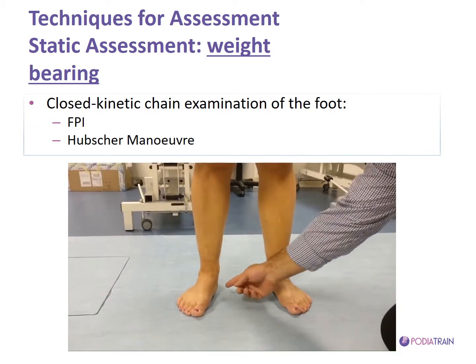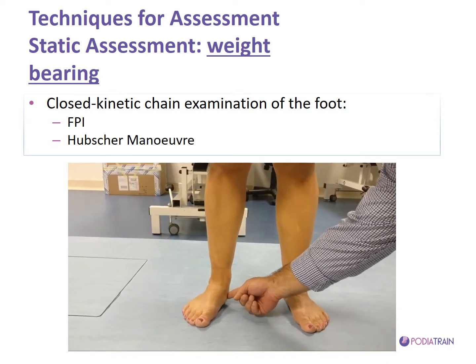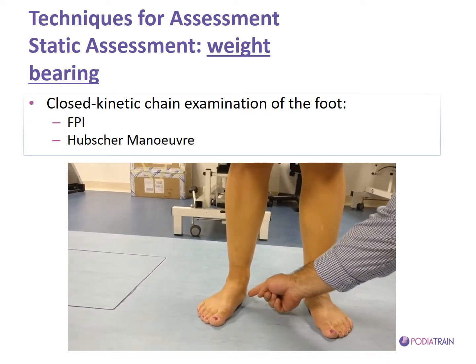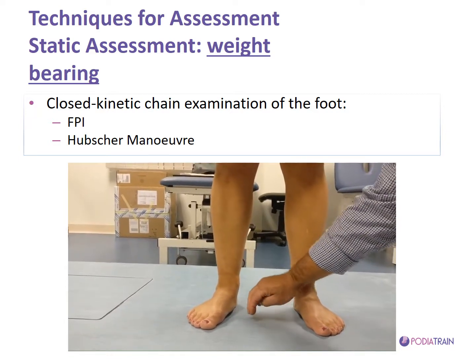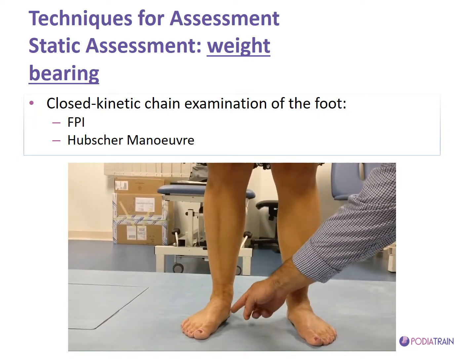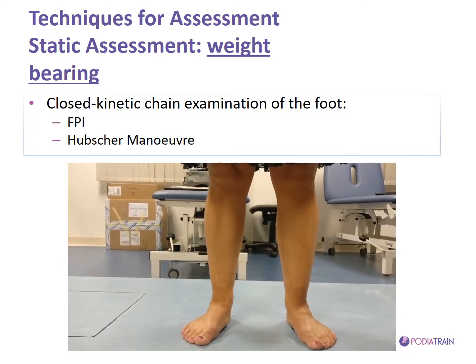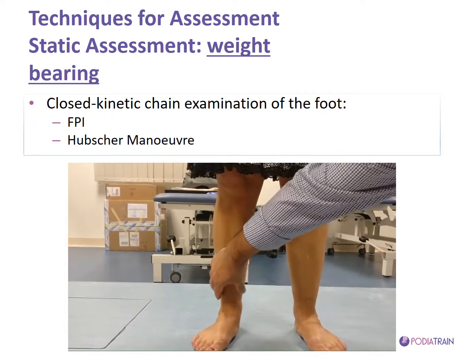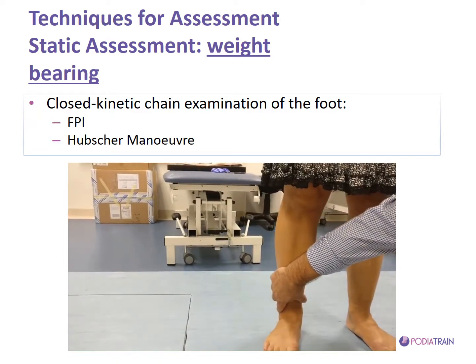So in a pronated foot, the talonavicular joint bulges medially, while if the foot is supinated, it would not bulge, but rather there would be a depression in this area here. Another criteria is the curves above and below the calcaneus.